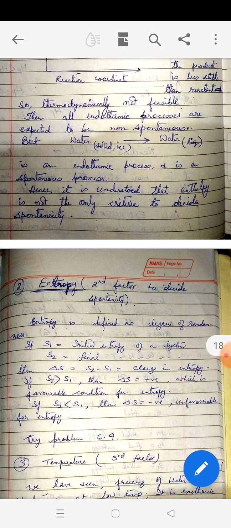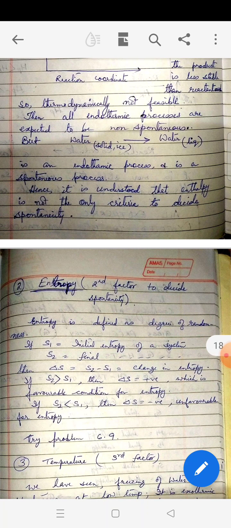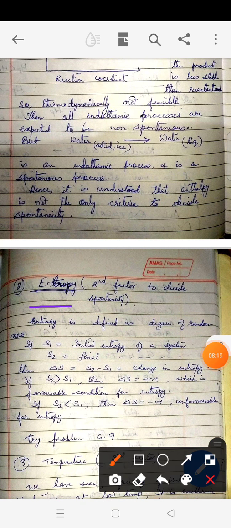So this degree of randomness has been defined in terms of thermodynamics by a term called entropy, designated by the symbol S. If we assume that S1 is the initial entropy of a system, that means before starting the randomness, and S2 is the final entropy of a system, then delta S is S2 minus S1, that is change in entropy. If S2 is more than S1, you can understand the whole term will be positive.